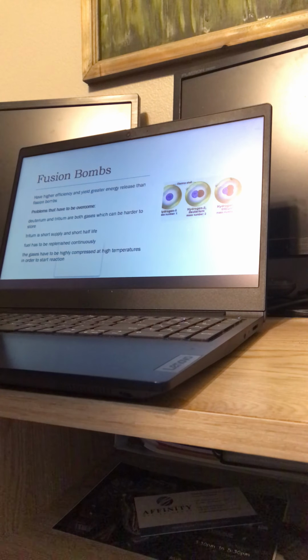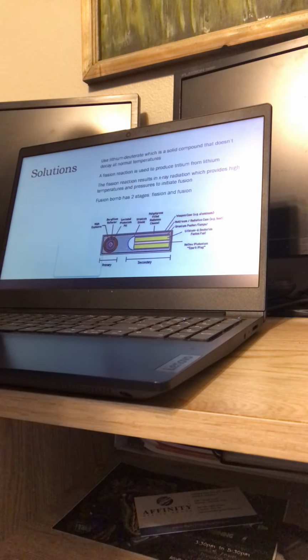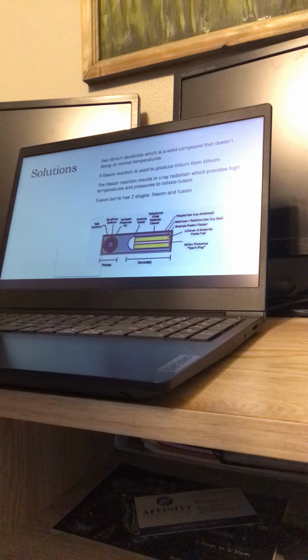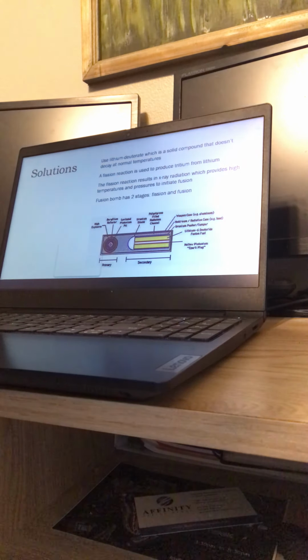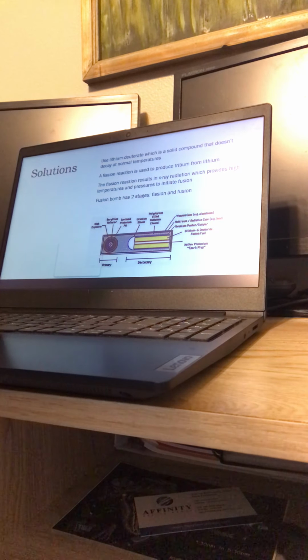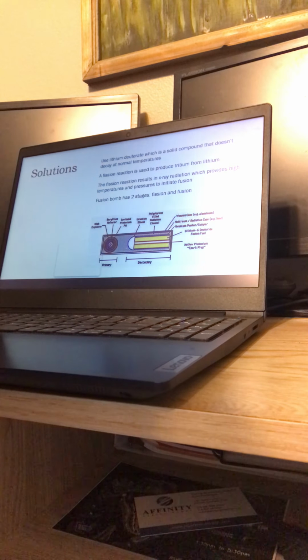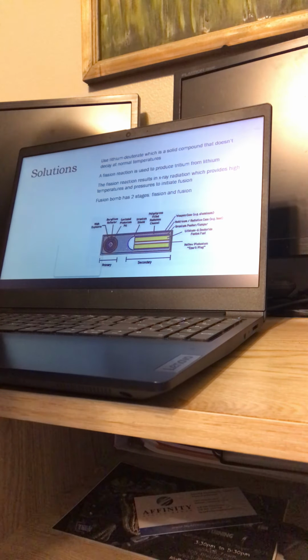The fuel has to be replenished continuously, and the gases have to be highly compressed at high temperatures in order to start our reaction. So the solutions use lithium deuteride, which is a solid compound that doesn't decay at normal temperatures. The fission reaction is used to produce tritium from lithium. Fission reaction results in X-ray radiation, which provides high temperature and pressures to initiate fusion.